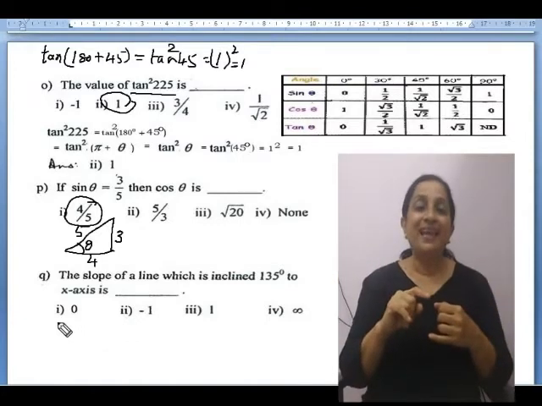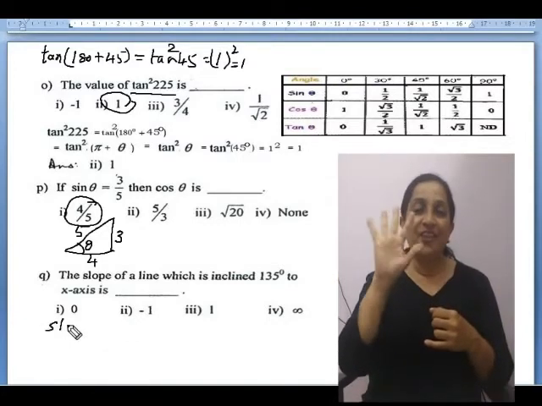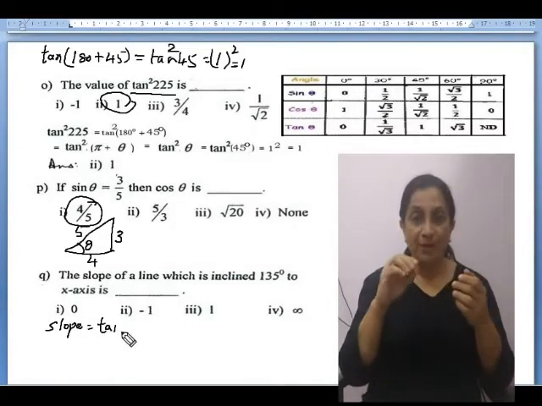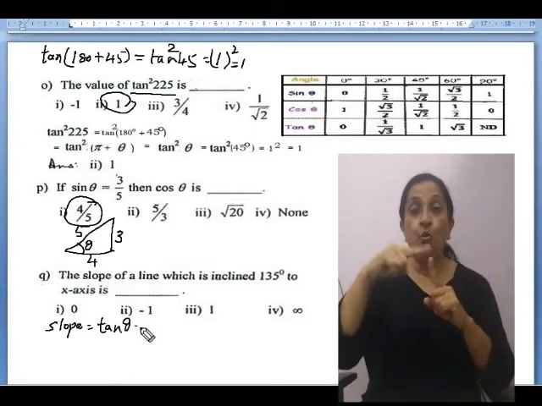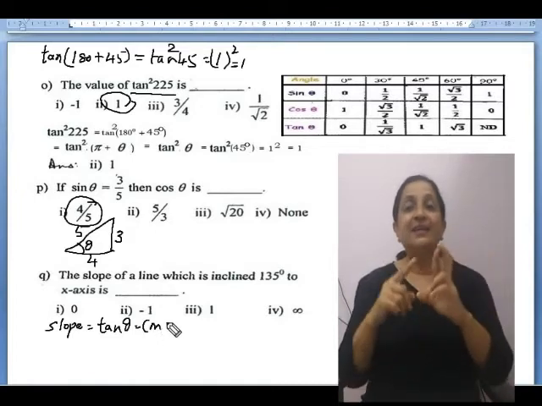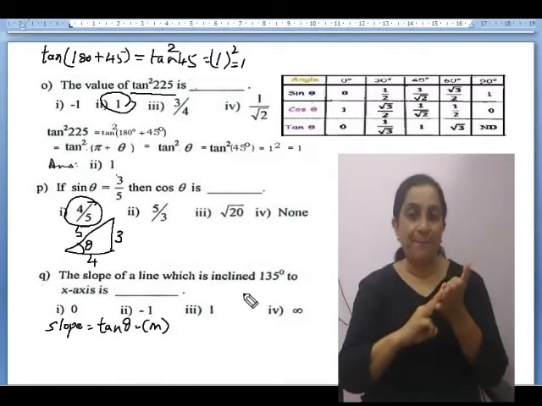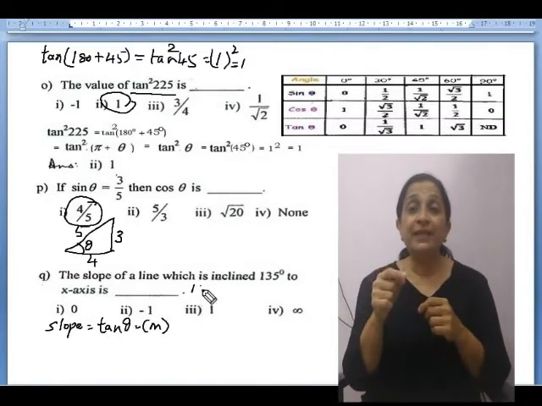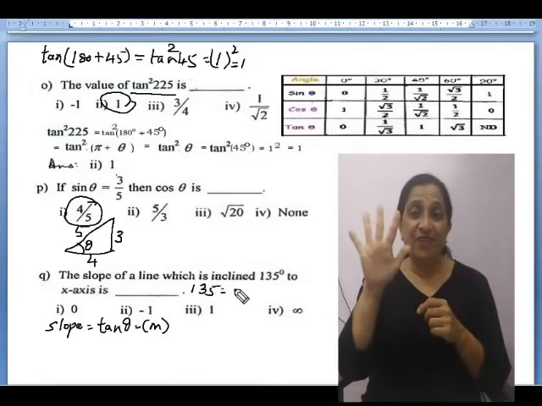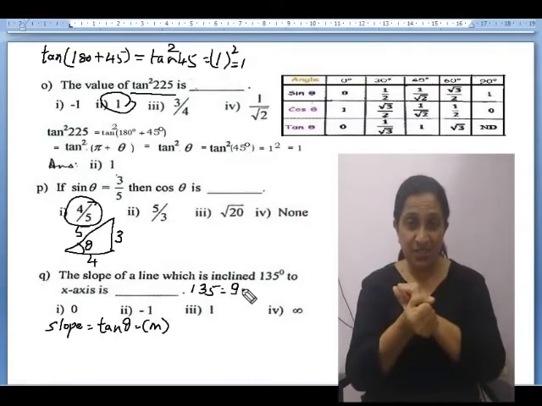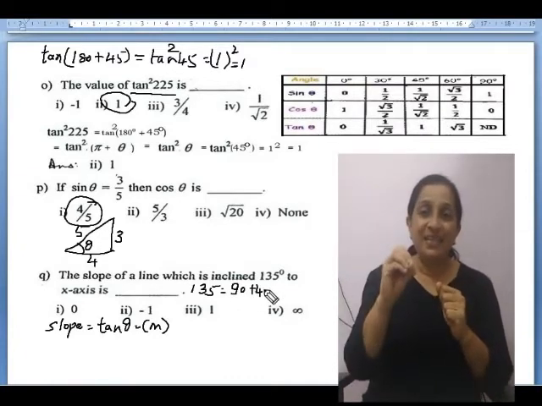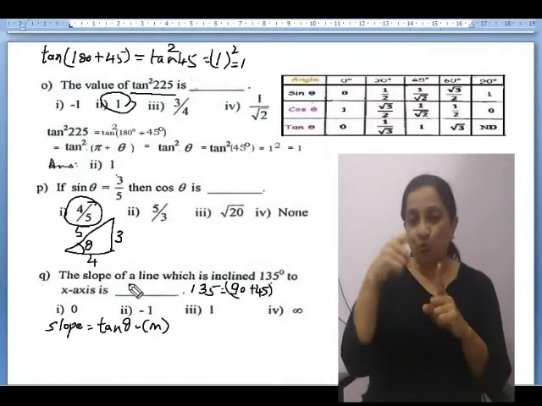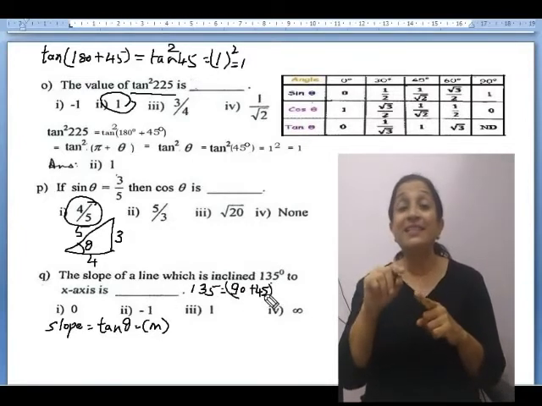Then what is the slope of the line which is inclined at 135 to x-axis? Now slope of a straight line is given by tan theta, or it is also represented as m. Now 135 can be written as 90 plus 45, so it is in the second quadrant.